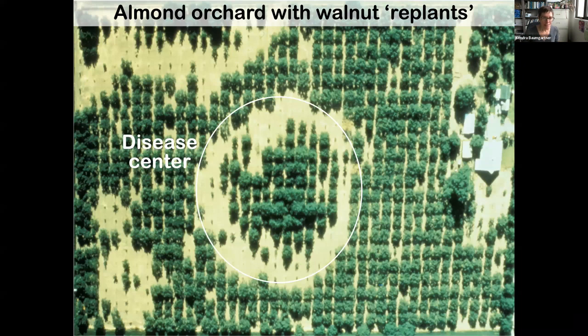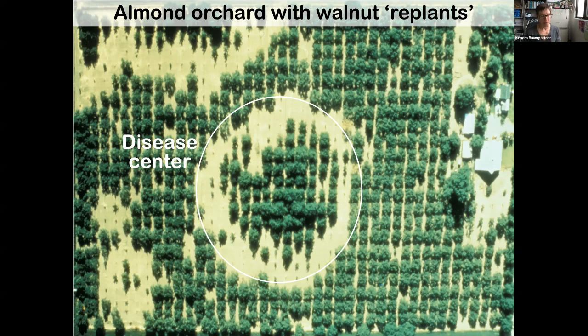Okay, this is an overhead view of an almond orchard. This picture was taken years ago, but the results still apply. Almond is very susceptible to Armillaria root disease, mainly because it's grafted onto rootstocks that have a peach background, and peach is super susceptible compared to almond.